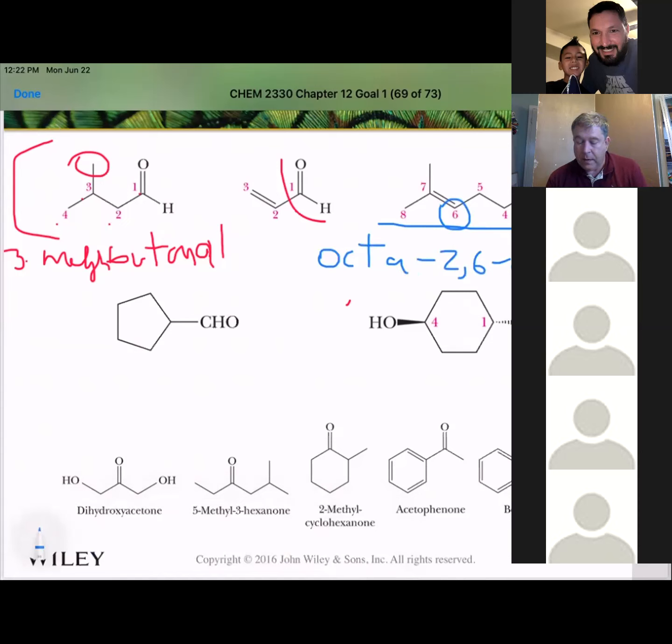And so we also have 1 and 2 methyl groups, and they are specifically on the 3 and 7 carbons. So we have to go 3,7-dimethyl, okay, octadienal, okay. Now, are we done?